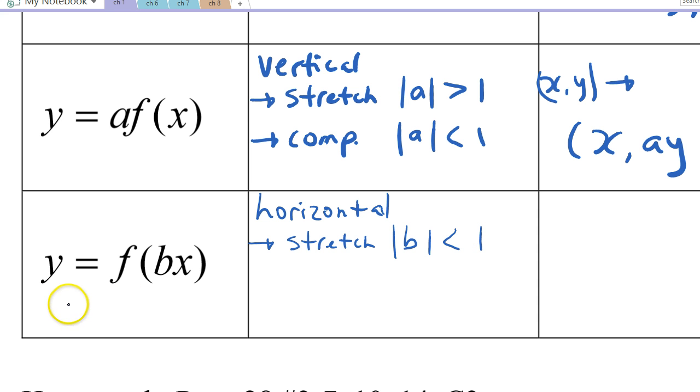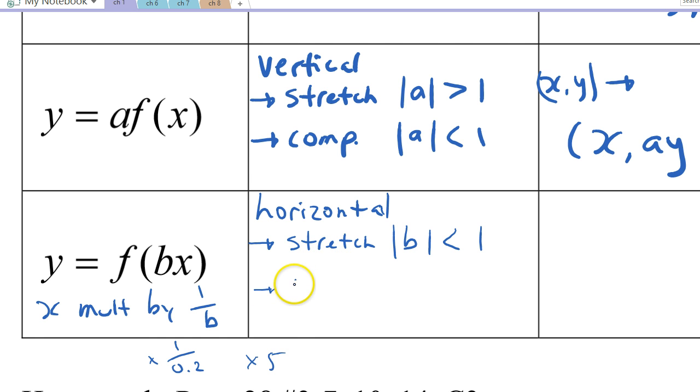Because the x values are multiplied by 1 over b. So when b is a small number, say 0.2, then 1 over 0.2 is the same thing as multiplying by 5. So when the absolute value is less than 1, then the x values get larger, and that's a stretch.